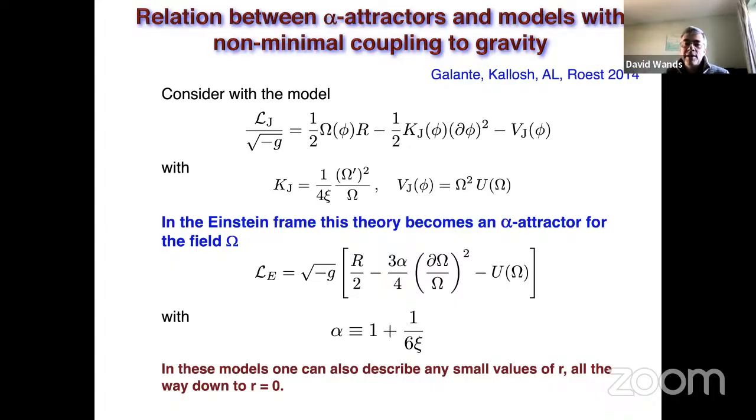That's the familiar problem that R squared is very special in that regard. You need your f of R theory to approach R squared at large curvatures to see the successful phenomenology of Starobinsky, which is shared more generally within what we tend to call the E or T type alpha attractor models.